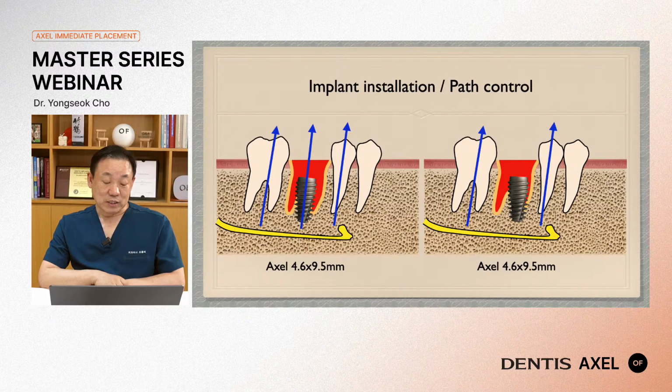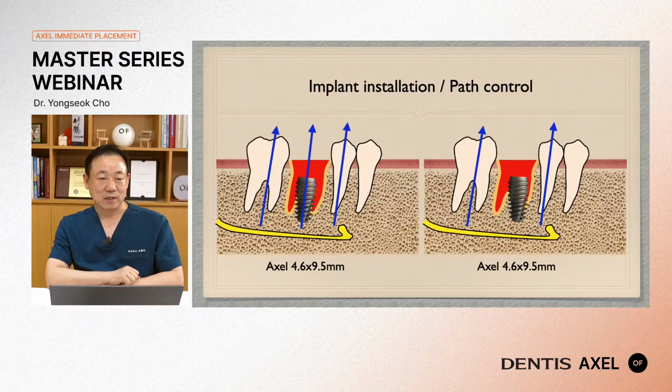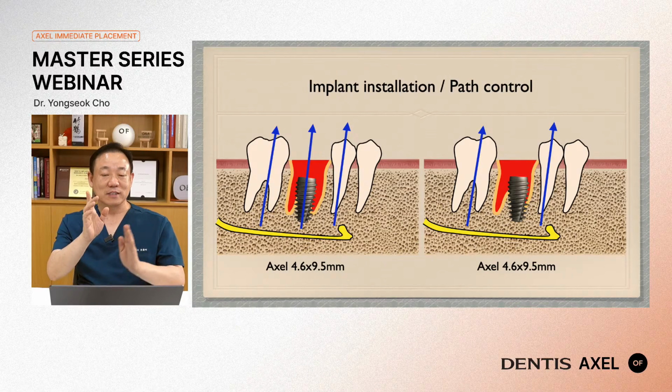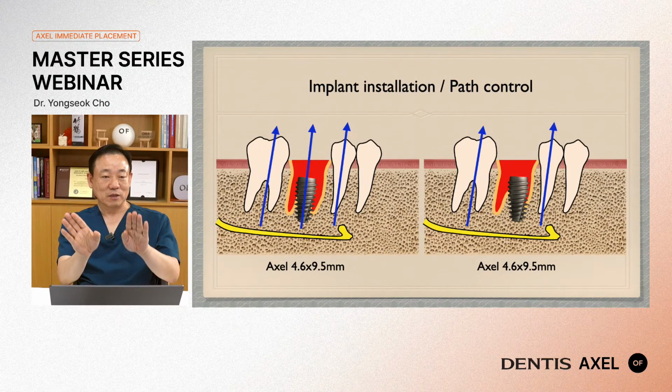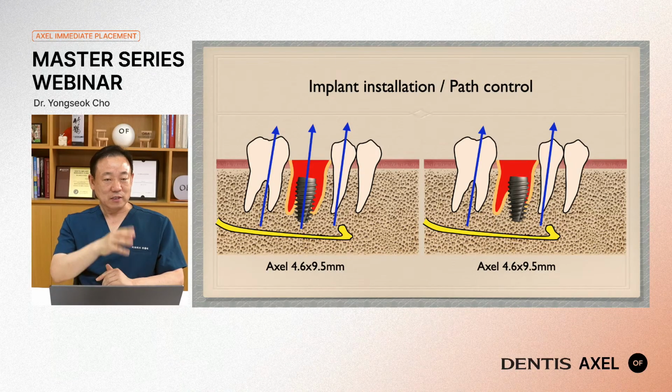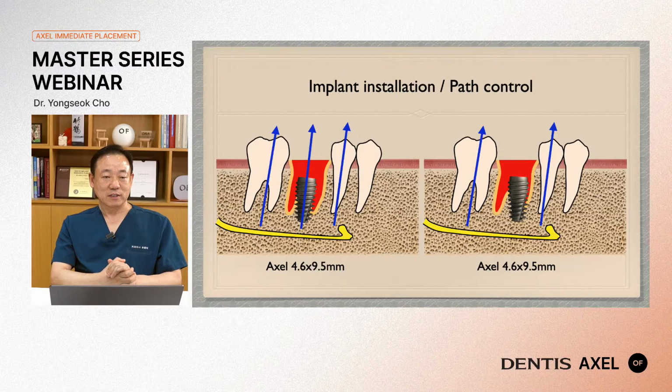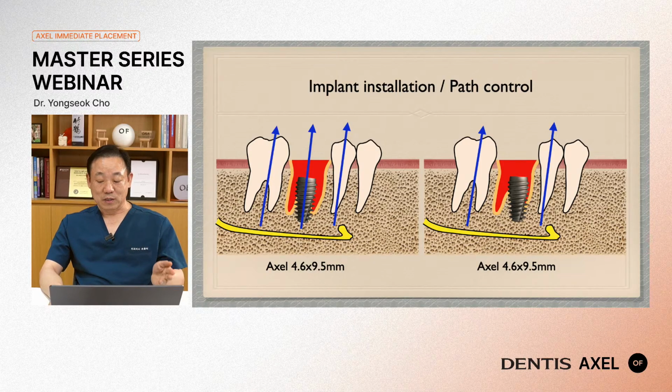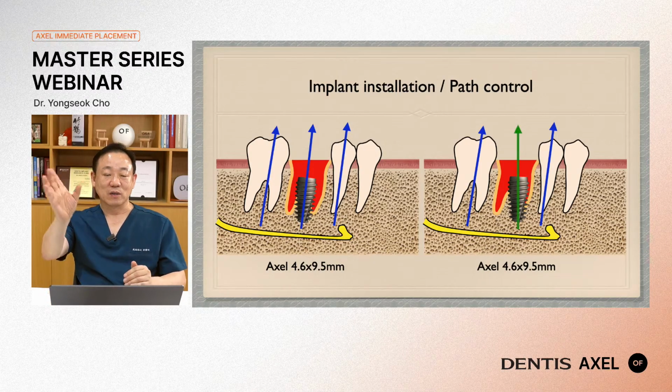So we need a special tool such as a trephine bur or special drill to position the implant at the exact center. But it is not necessary. Even if we place the implant slightly medially, correct the path slightly and aim the hole toward the center, that's really acceptable in many clinical situations. So in many cases I prefer the right side.